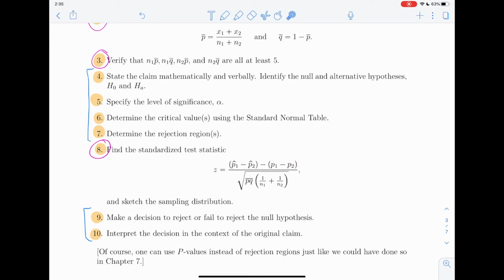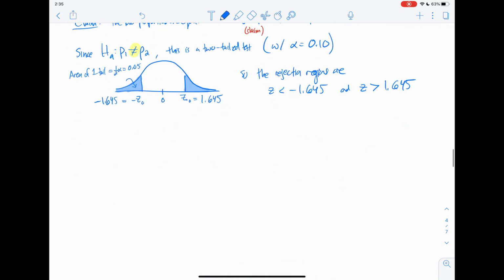We've already found the P1 and P2 hats. We know what P bar and Q bar are, so it's simply a matter of writing down this formula and computing the results.